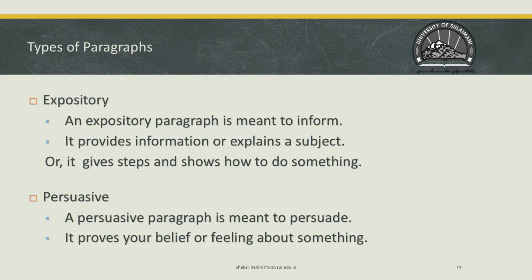So this is called expository, because you inform them, you give them information, and you explain a subject, and you tell them step by step how to do something. Persuasive is to persuade, to make people convinced, to convince other people about something, and to prove that your belief or your feeling is true.